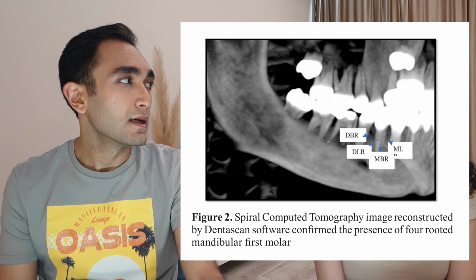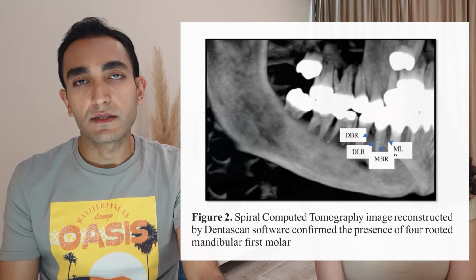To confirm and understand the root canal configuration, they opted for a spiral CT scan. The scan images revealed a type 1 root canal configuration in each of the 4 roots. Based on their assessment, they diagnosed pulpal necrosis with symptomatic apical periodontitis. That's when they decided to plan for endodontic treatment.